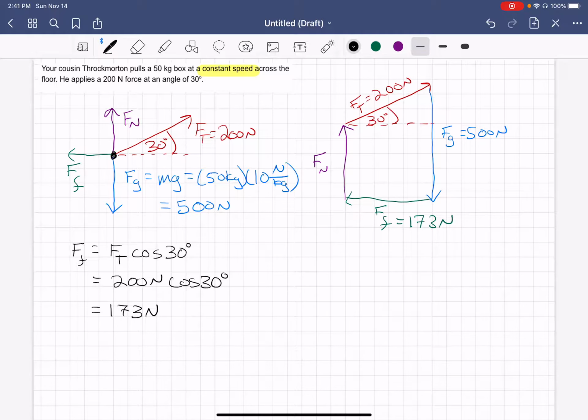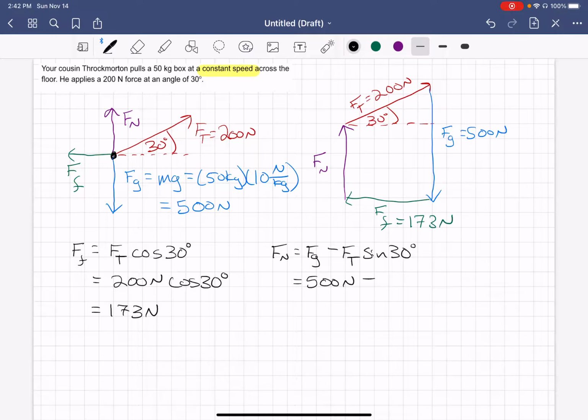I can also find how big that normal force must be. One way to think about this is that the normal force is equal to the force of gravity minus this chunk needed to make the vertical side of the triangle. So my normal force is equal to Fg minus the tension force times the sine of 30 degrees.